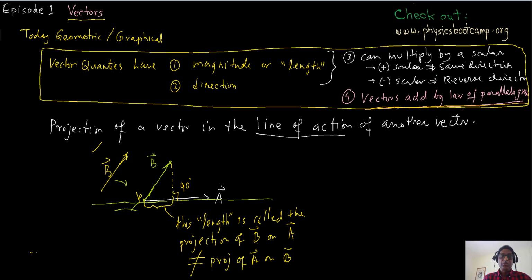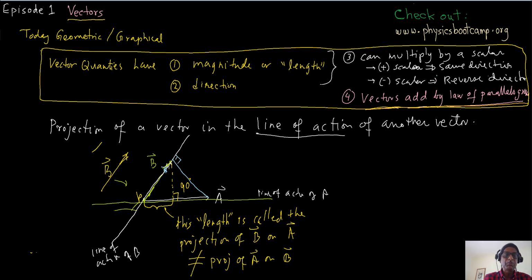Okay. Suppose I want to do projection of A on B. Now they're drawn from the common point, so this is the diagram I will start with, and I will try to draw 90 degrees on that. So here is the line of action of B. This time, instead of the line of action of A, I'm going to use the line of action of B, and from the tip of this, I'm going to draw 90 degrees on there.